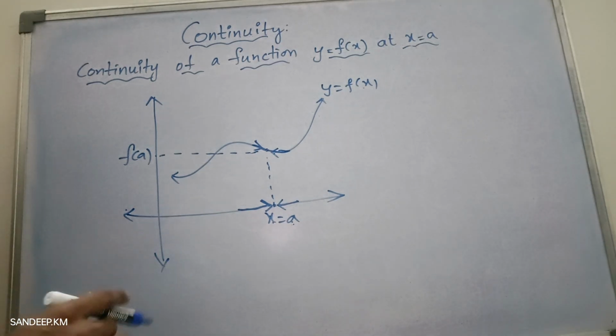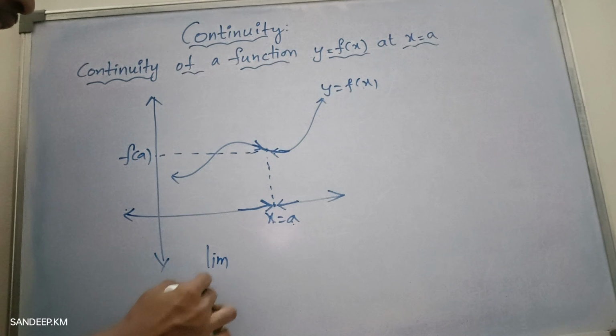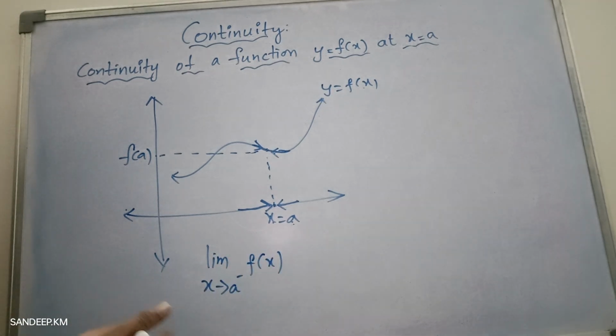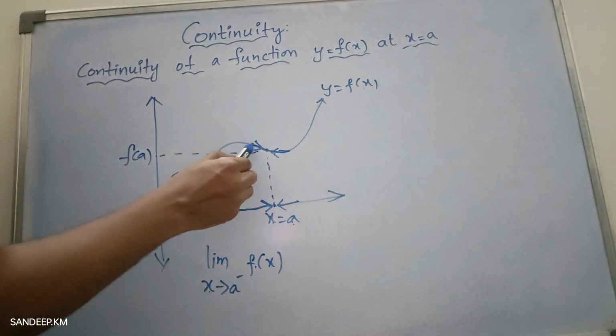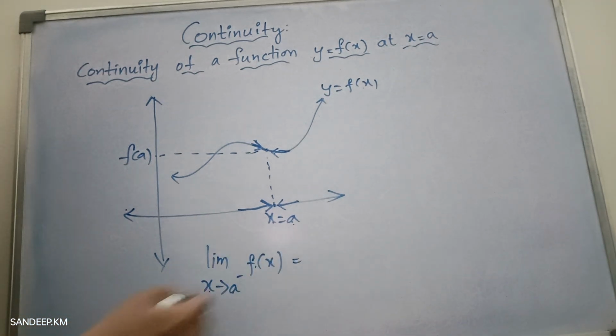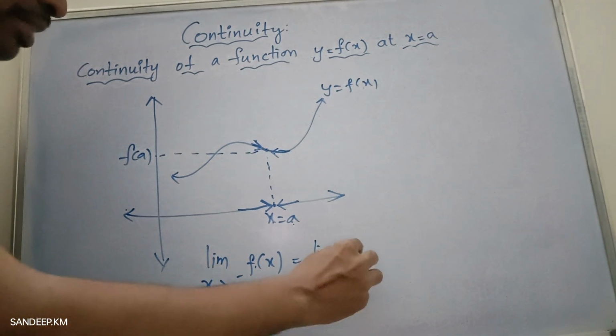What is the meaning of it, dear students? It means that limit x approaches a minus f of x. What is the meaning of this? Left hand limit. When x is approaching a from the left side, f of x is approaching some number, that is left hand limit. It should be equal to limit x approaches a from the right side f of x.